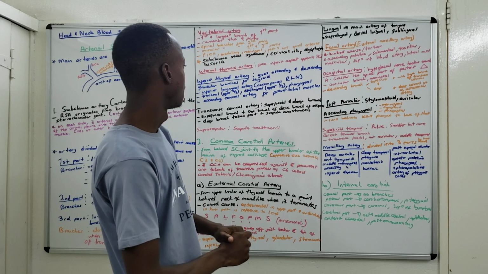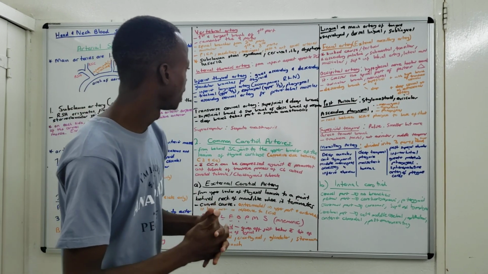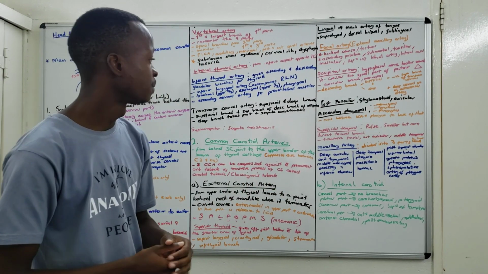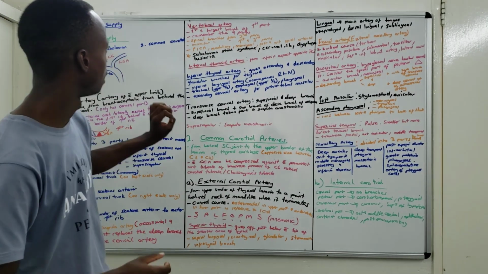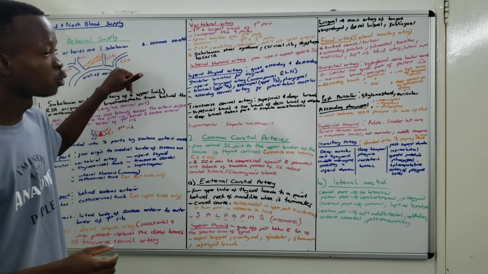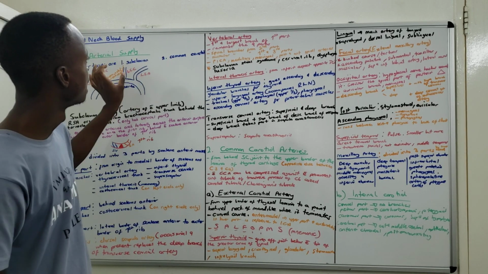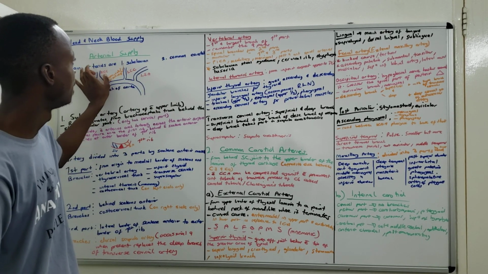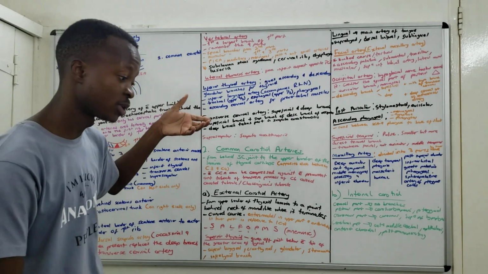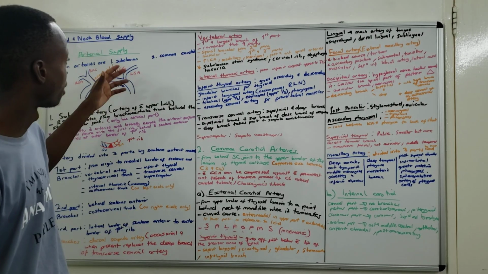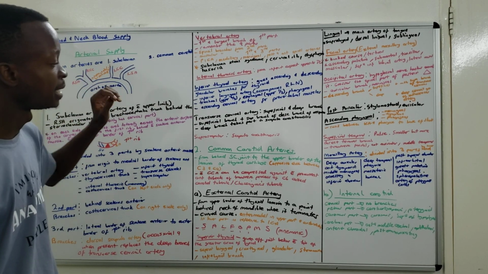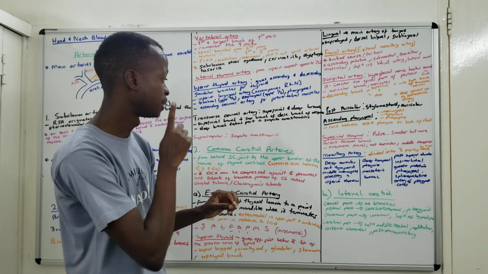Right? And now looking at the common carotid arteries, like I said earlier on, you're going to have a left common carotid artery that is coming from the arch of the aorta directly. Then we have a right common carotid artery that is being given off from the brachiocephalic artery or brachiocephalic trunk just behind your right sternoclavicular joint.